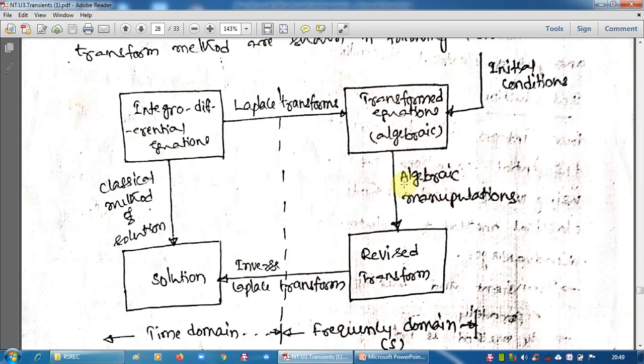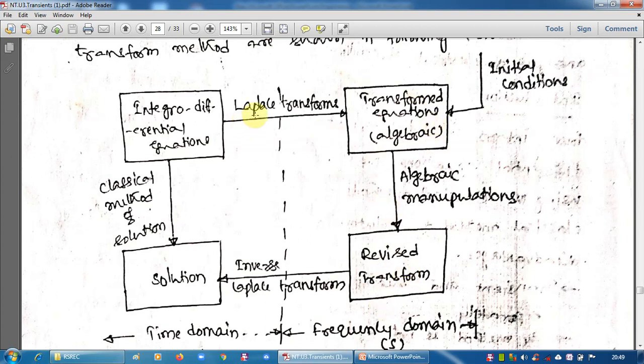These equations can then be manipulated into a suitable form. For example, if you want to find out the current, from those equations we can express the current in terms of other variables, like that. If you do so, we will be getting the revised transform. Revised transform is nothing but those algebraic equations written in revised form. So these two are the steps.